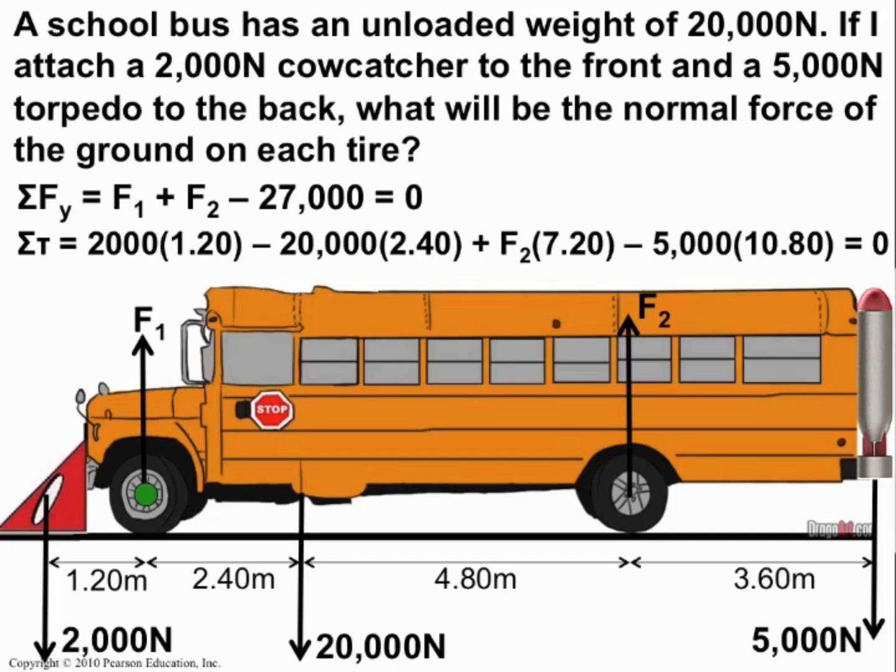Pretending the other torques don't exist, this torpedo with a downward vector at a distance of 10.8 from the axis is trying to create a clockwise rotation, and that's why I have negative 5,000. All right, so this is the torque equation and where it comes from.